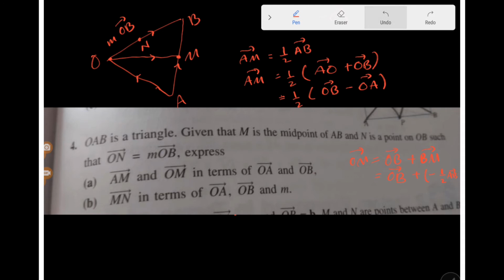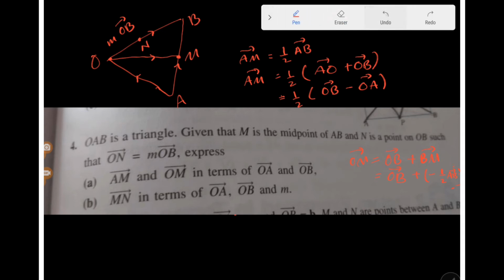OB plus BM is basically negative half of AB. A while ago I wanted to put the minus directly, but it might confuse you, so I'll do it step by step like this.